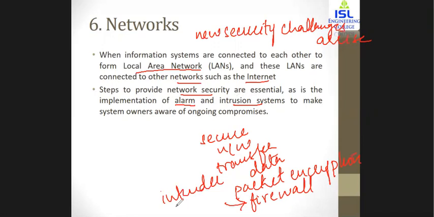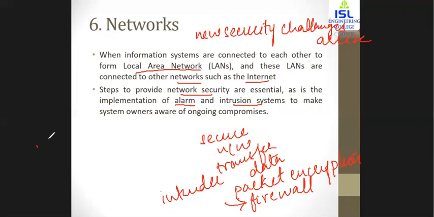Now, whenever there is an intruder that wants to access particular data within an organization, there should be an intrusion system. That is, as an unauthorized person gets access within the system, there should be a message displayed on the computers that an attack is being launched or an intruder is there within the system.